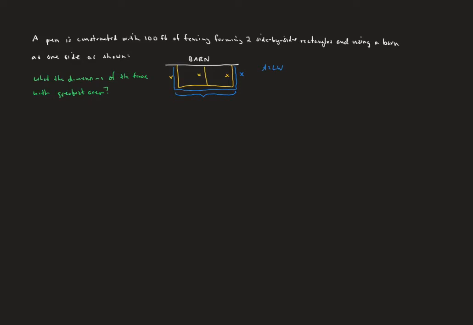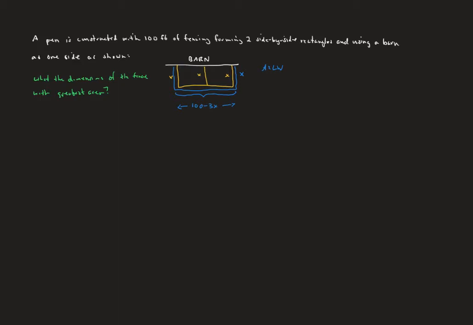So if you think about it, we have 100 feet of fencing, and we're going to subtract off 3 of those x's. The barn is going to form one side, so we're going to have 100 minus that 3x feet of fencing to build that other side of our pen.